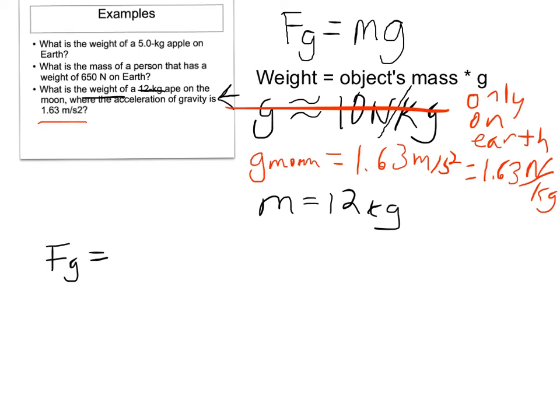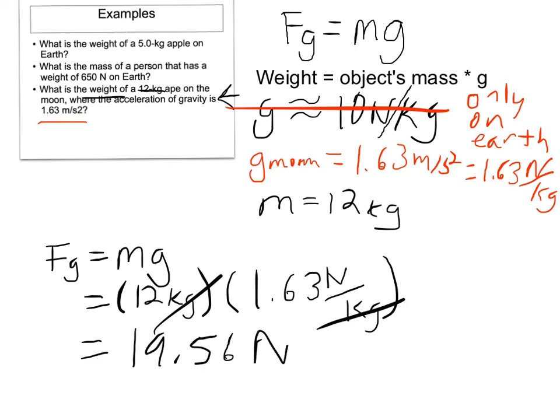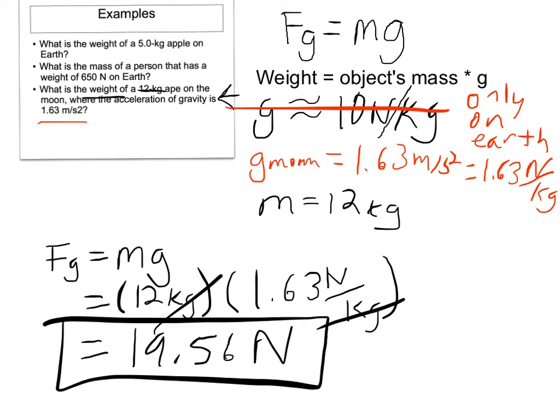Weight is mass times gravity. Mass is 12 kilograms. Gravity on the moon is 1.63 newtons per kilogram. Kilograms cancel. We get 19.56 newtons. That is the weight of an ape on the moon.